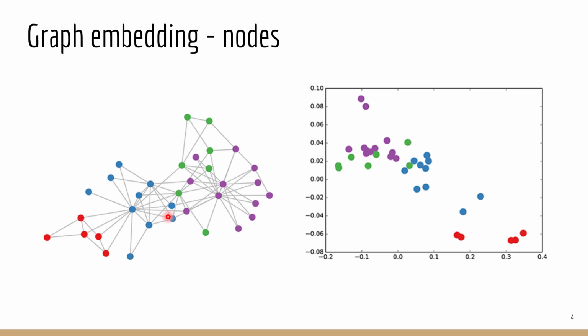Similarly for the blue points, similarly for the purple and for the green. We are preserving the same relative positioning in the space. And apart from that, the relative positioning of different clusters is also preserved when we go from this graphical structure into this 2D semantic space of node embeddings.